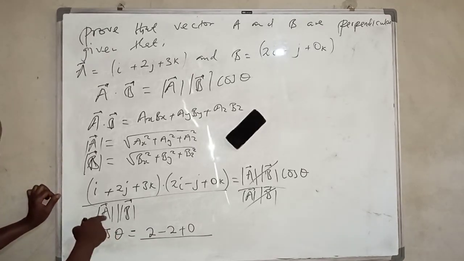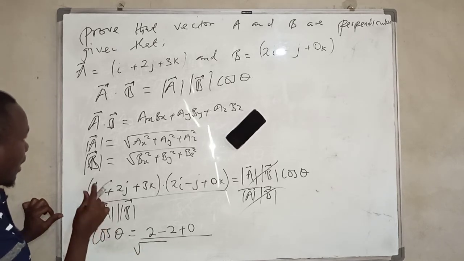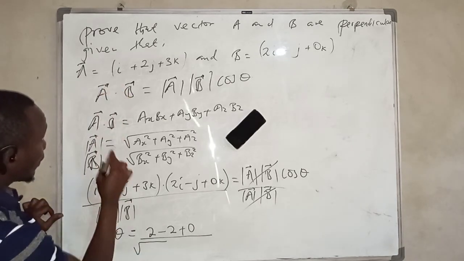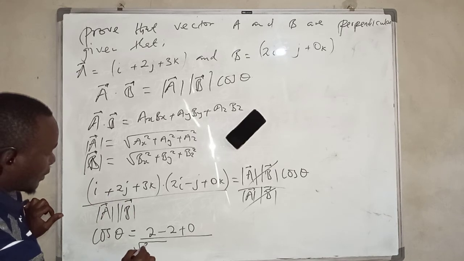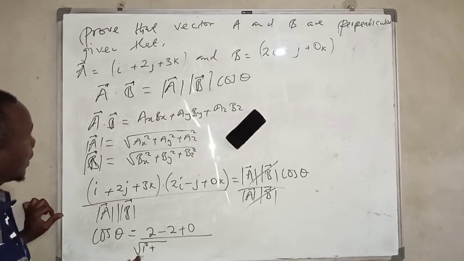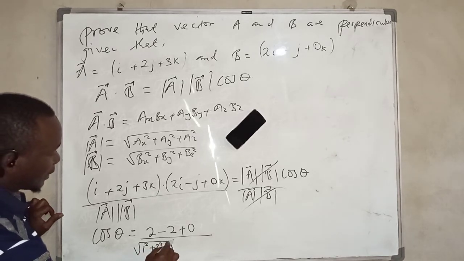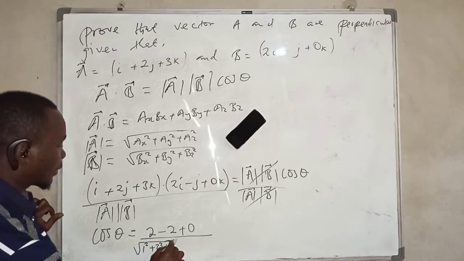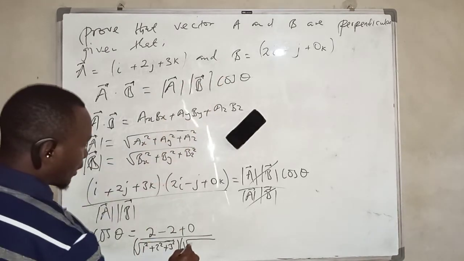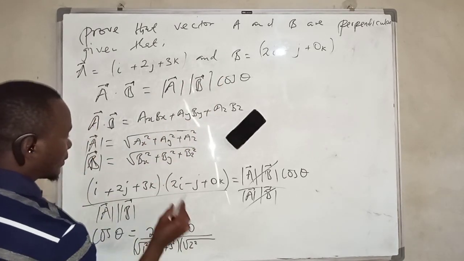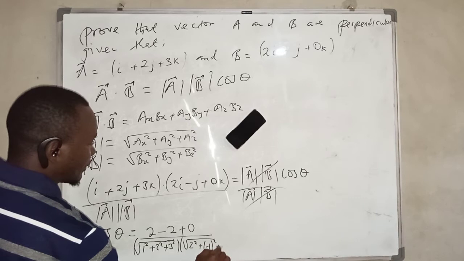So the magnitude of A is this one. So we have 1 squared plus 2 squared plus 3 squared. Then we also have for B the square root of 2 squared plus negative 1 squared plus 0 squared.